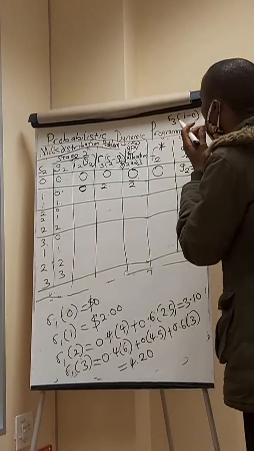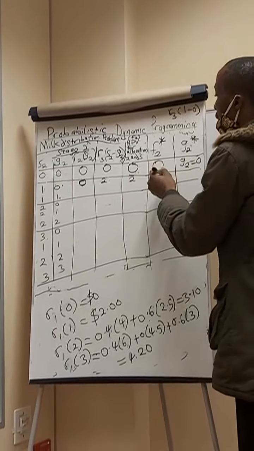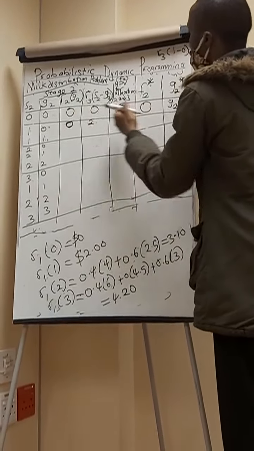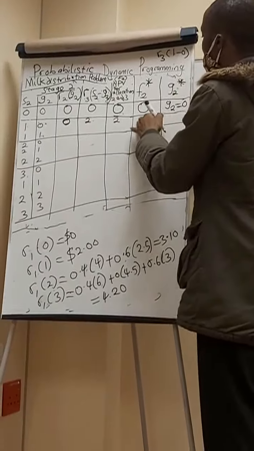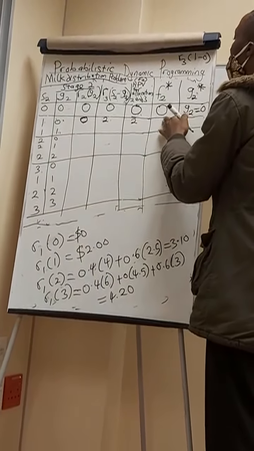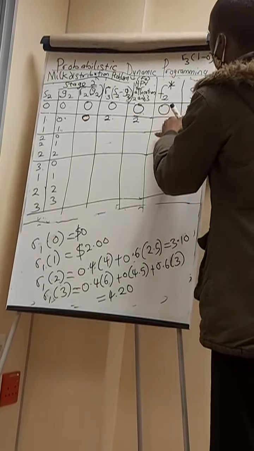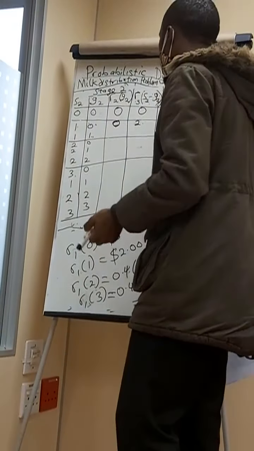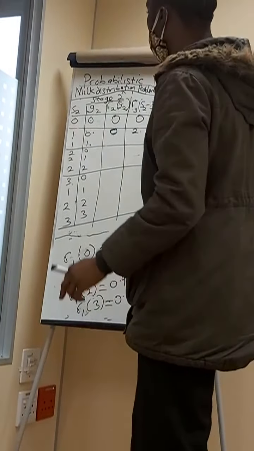Based on this, we need the best allocation. Don't forget we have two possible options, so we cannot write the allocation now. We need to do the other option before we can know the best revenue and the best allocation. So let's compute the second option.